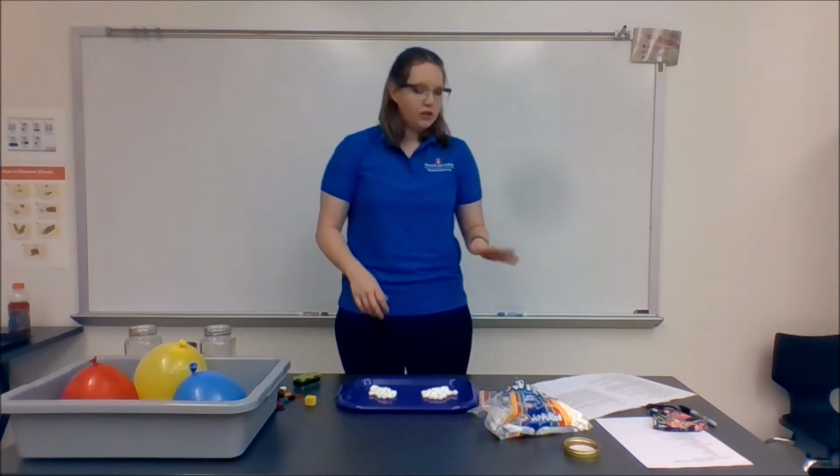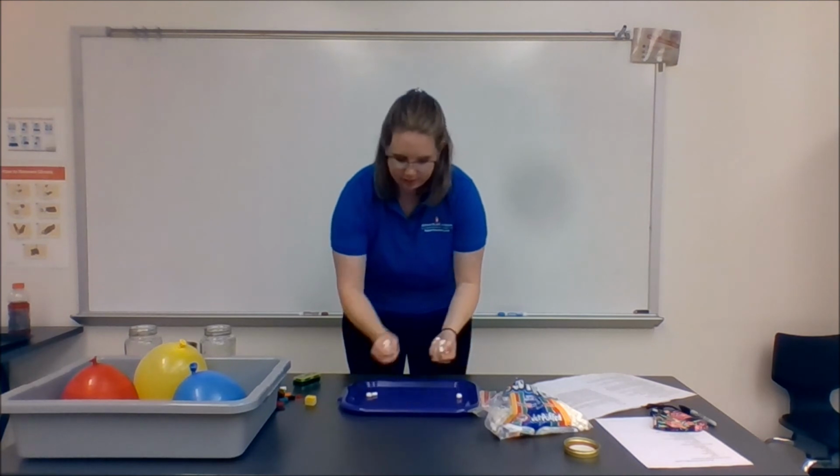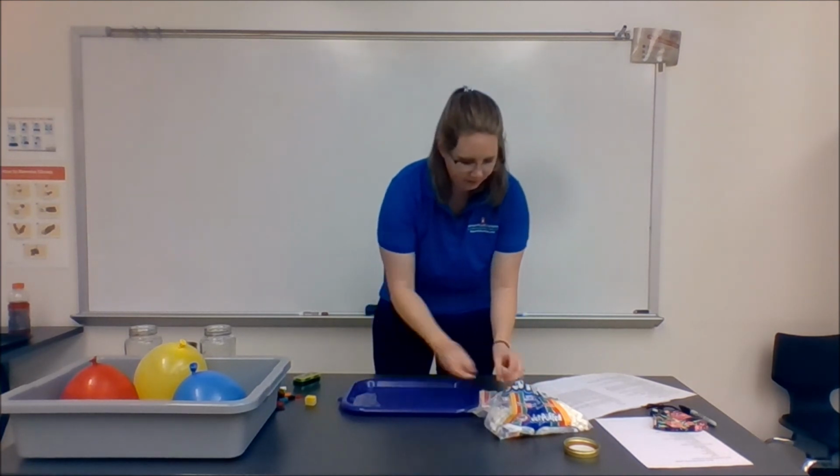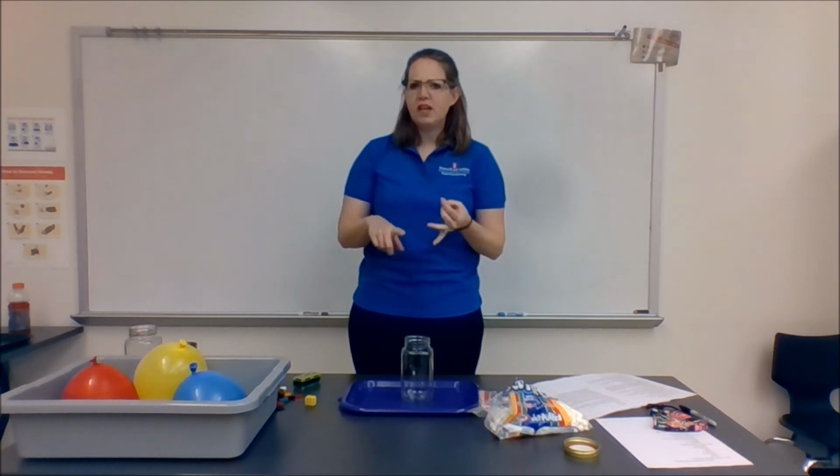The next one is a liquid. A liquid is a little different, obviously, in that it's going to take the shape of whatever it's in. Water is a great example of a liquid, as are the juice you drink in the cafeteria and the milk that goes in your cereal.